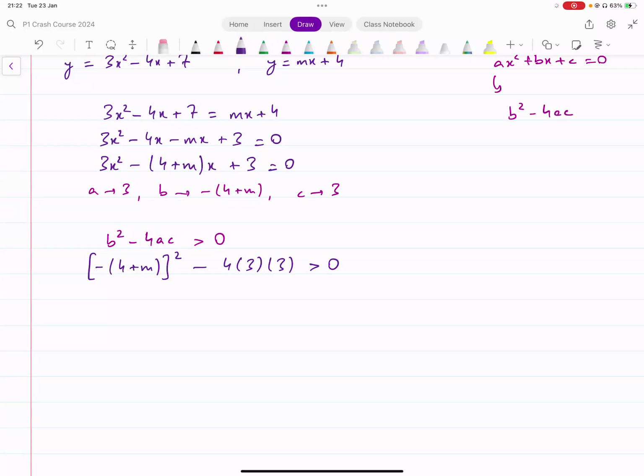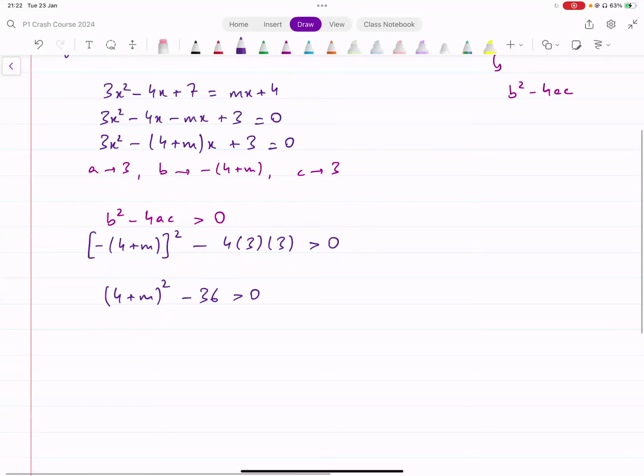Now we need to solve this inequality. There is a negative sign and we have whole squared, so the negative sign gets removed. We're just left with (4 plus m) whole squared minus 4 into 3 into 3, that's 12 times 3, which is 36. That is greater than 0.